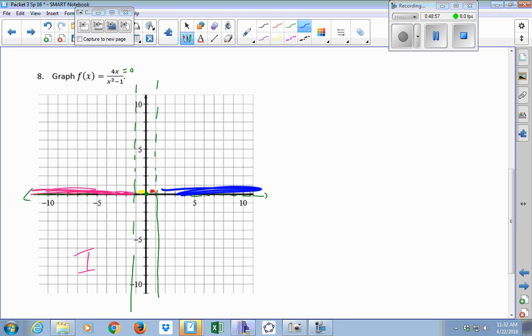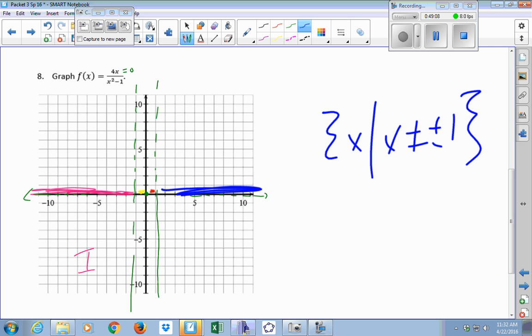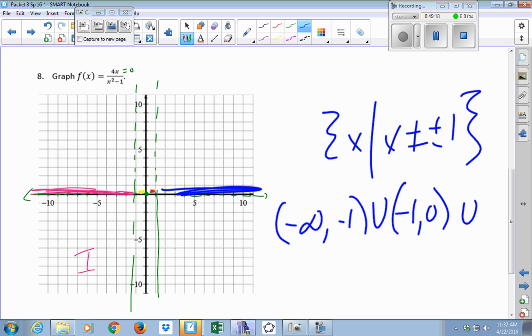If I asked you what the domain is and you didn't have to put it into these 4 intervals, I would just do this. That's what I would do for the domain. But if you did it in interval notation, then you can see how your actual graph gets chunked up here. So that would be that same domain in interval notation.